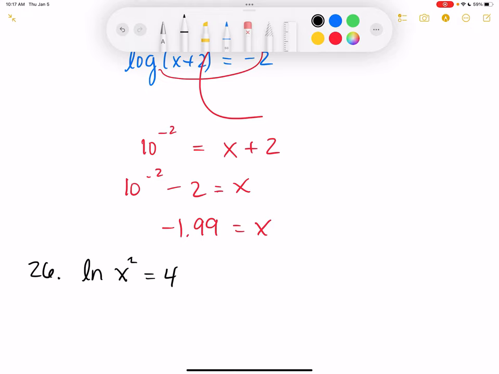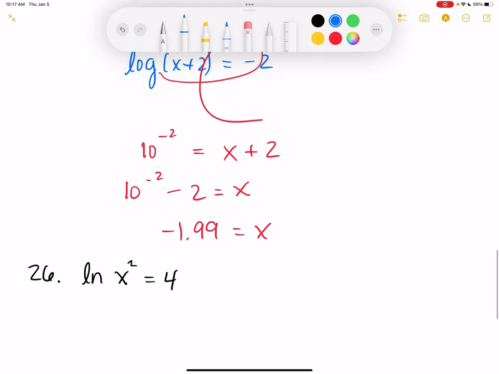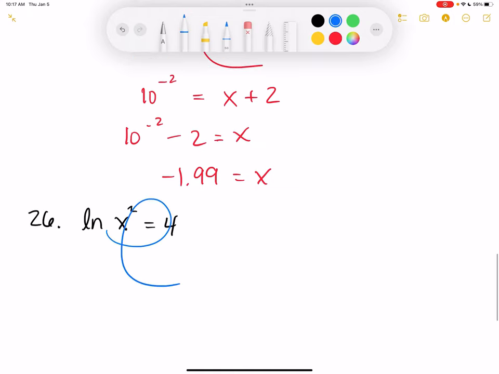So you could do the curly cube. So I have a log, so I'm going to undo it with an e. So what base is on that? E. I was just getting... ln, so it's e to the 4th is equal to x squared.